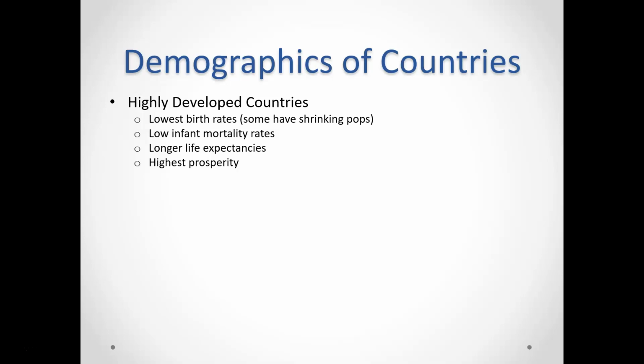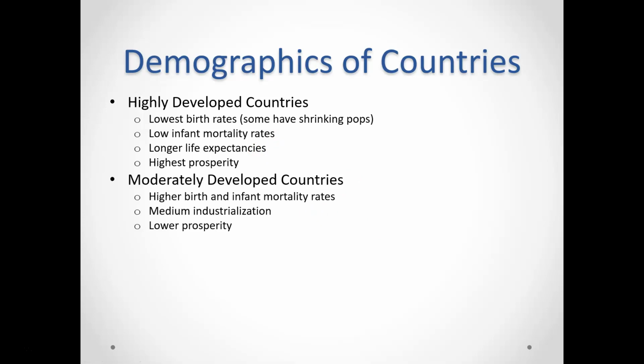In some cases, some of these countries actually have shrinking populations because more people are dying than are being added to the country. Infant mortality rates are low. That means we have good access to health care. We have longer life expectancies. And these are also the places with the highest prosperity. We have disposable income. We have money to support our lifestyles.